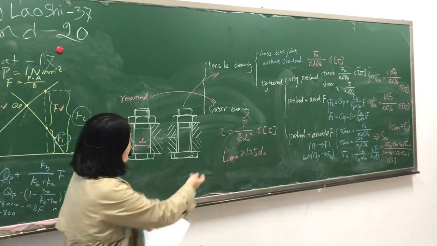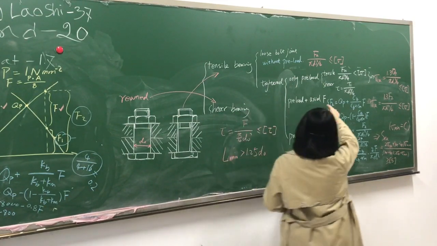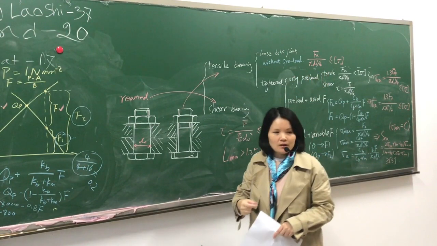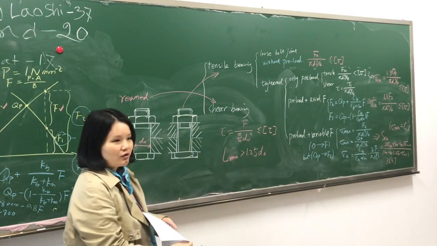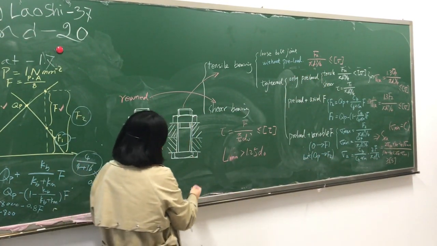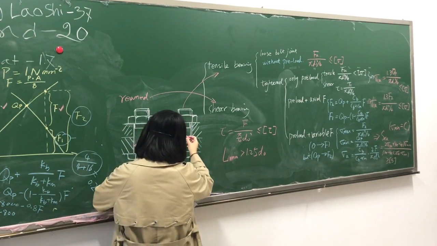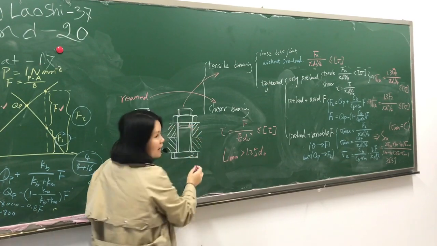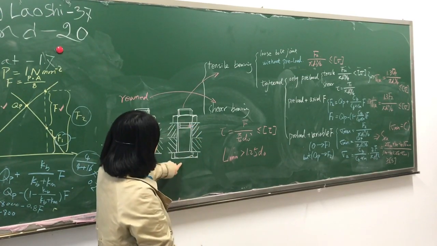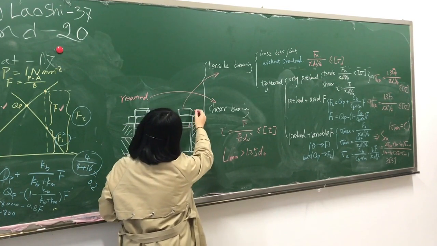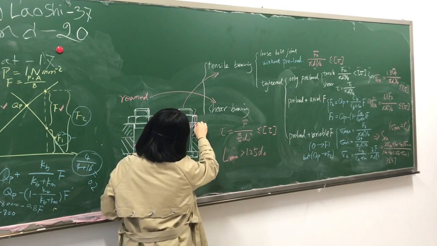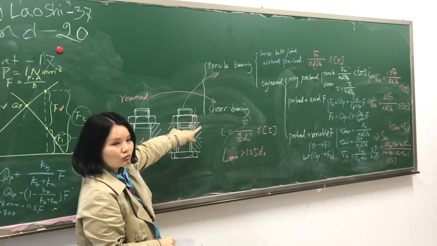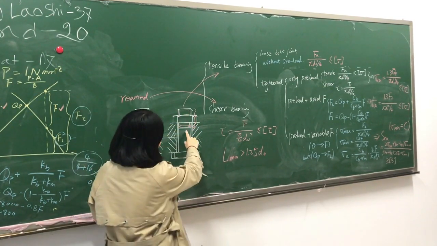And D1 is the minor diameter of the screw. The minor diameter of the screw is this. Okay, because for the ordinary bolt, this is the screw.